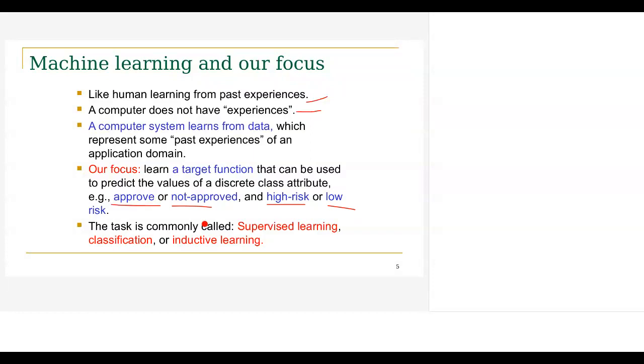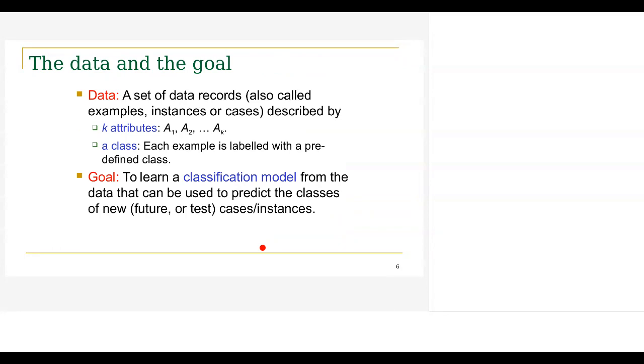The task is commonly known as supervised learning, classification, or inductive learning. Why is it known as classification? Because we are classifying into two categories: approved or not approved credit card, and high risk or low risk patient. That comes under supervised learning.